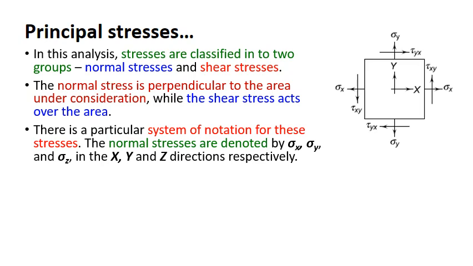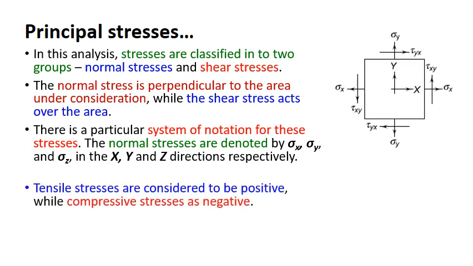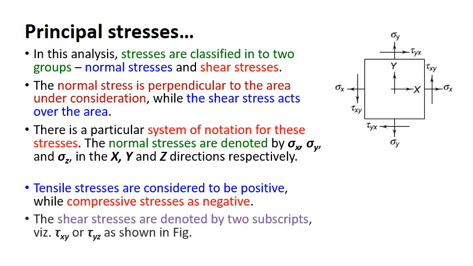See, in this, the first suffix, let us take, well, before that, the sign convention: tensile stress is positive and compressive stress is negative. This is known to us. Yes, let us come to the shear stress, tau xy. What is this x? The first suffix indicates the plane normal to the x-axis.